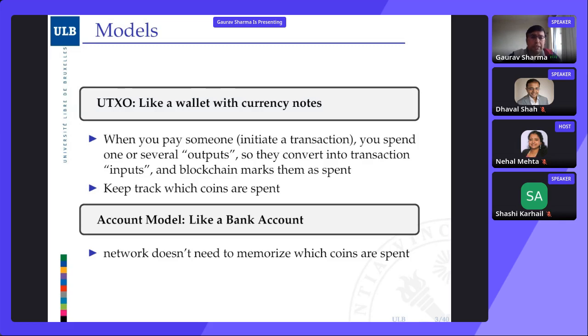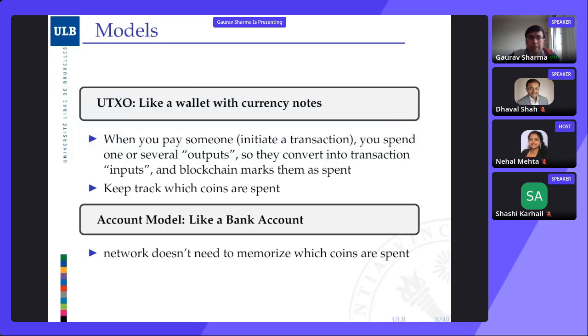So what happens basically is you are spending something which is unspent in your wallet, and whatever you get is again unspent. The most famous blockchain that we have is Bitcoin, and Bitcoin is based on the UTXO model.